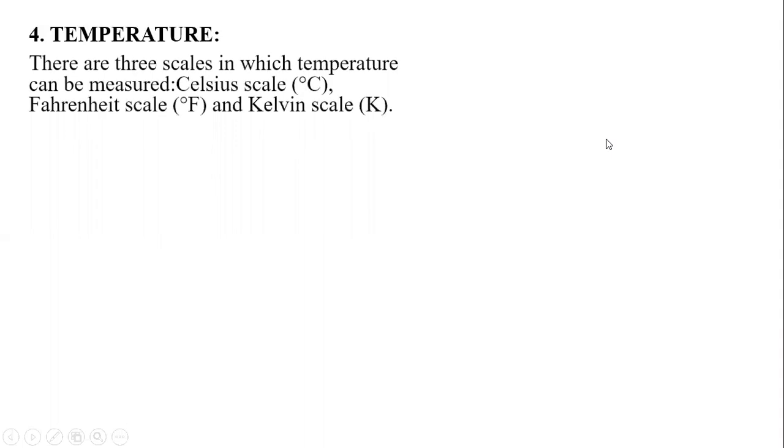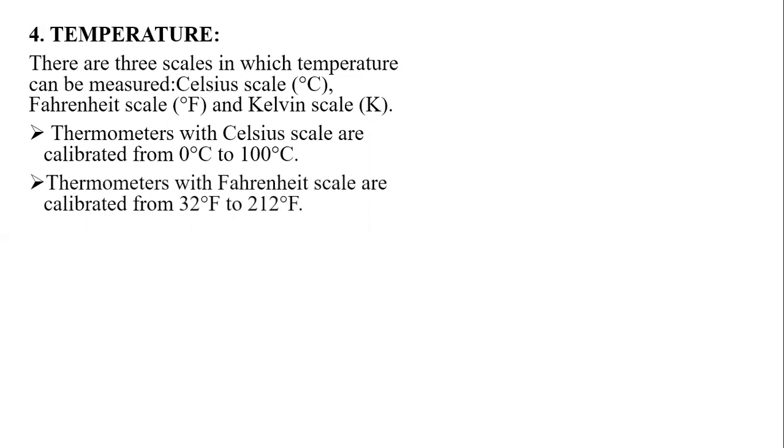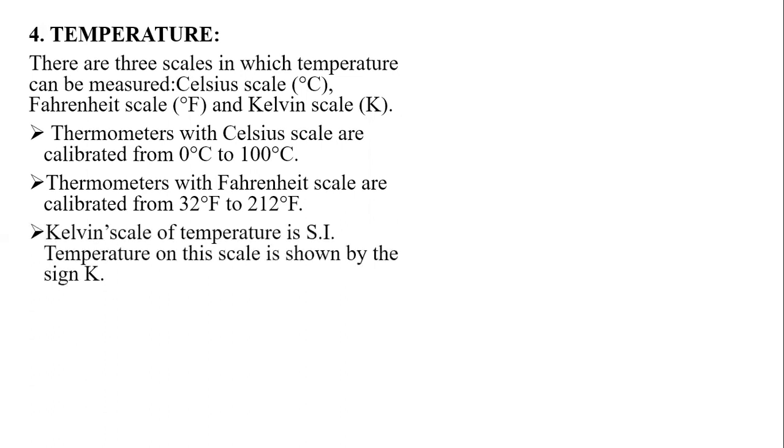Temperature. Temperature is the measurement of heat, and it is measured in three scales: the Celsius scale, Fahrenheit scale, and Kelvin scale. The Celsius scale varies from 0 degrees Celsius to 100 degrees Celsius. The Fahrenheit scale varies from 32 degrees Fahrenheit to 212 degrees Fahrenheit.